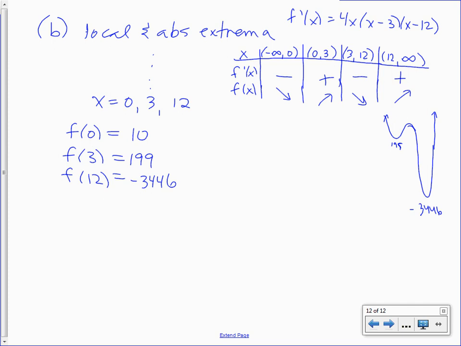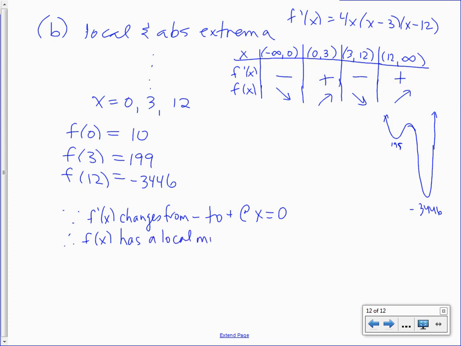So this is the way I would say it. Let's go in order. Since f prime at x changes from negative to positive at x equals 0, therefore, f at x has, it's from negative to positive, guys, a local min of 10.